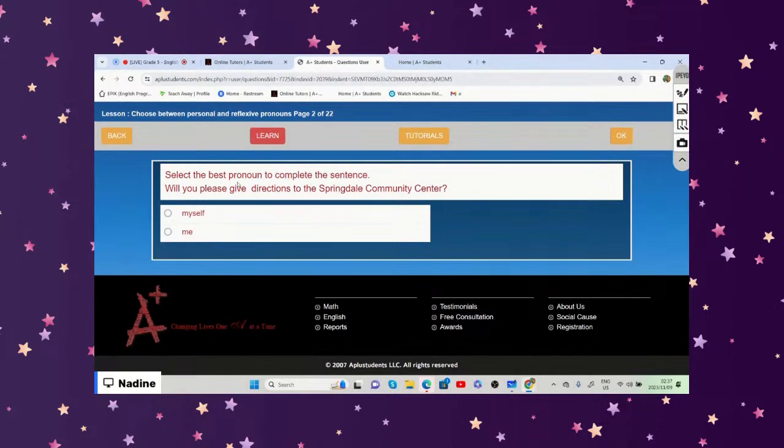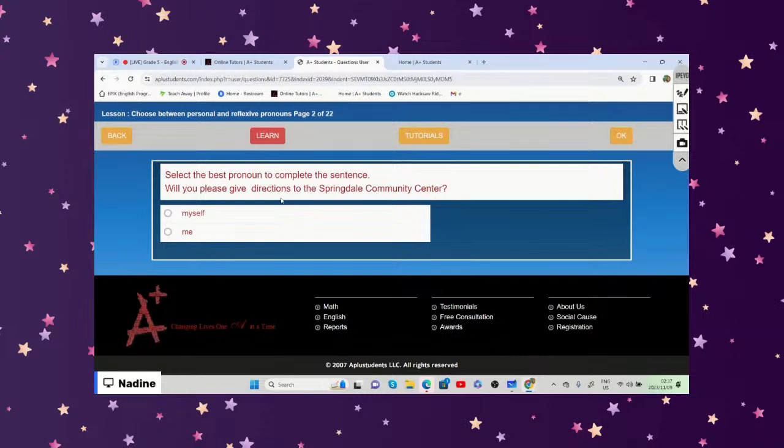So, will you please give directions to the Springdale Community Center? Remember, there's personal pronoun and there's reflexive pronoun, right? So if we reread that with the pronoun, let's say, will you please give myself directions to the Springdale Community Center? Or will you please give me directions to the Springdale Community Center?